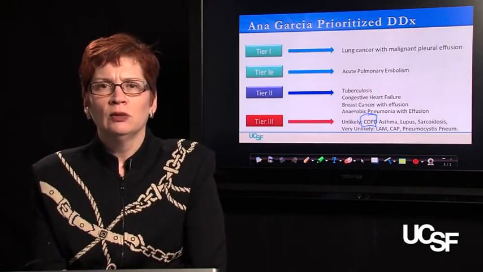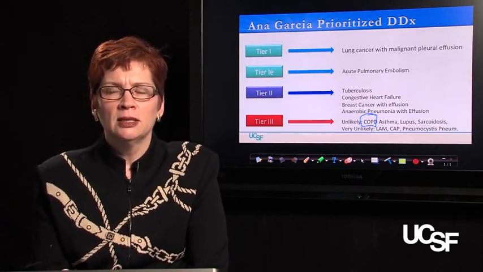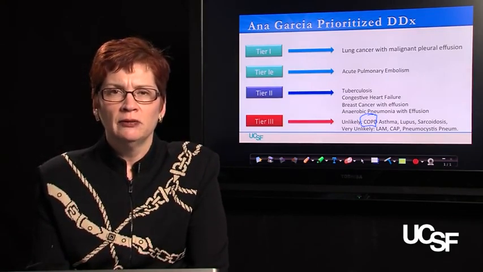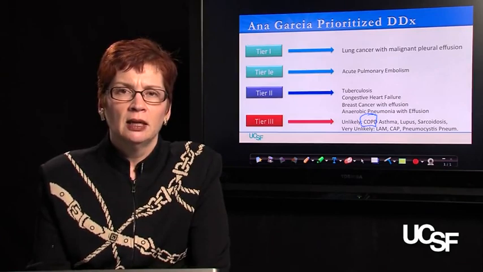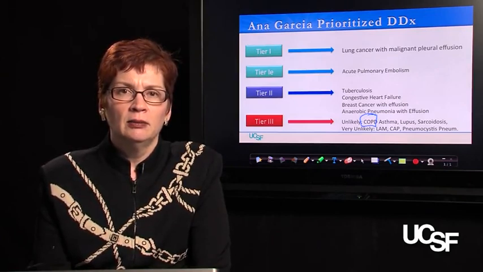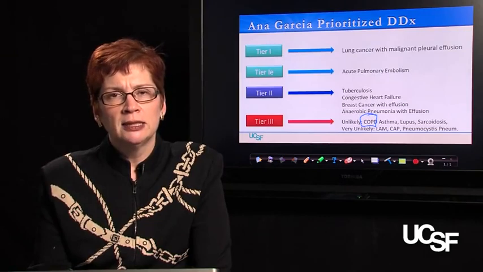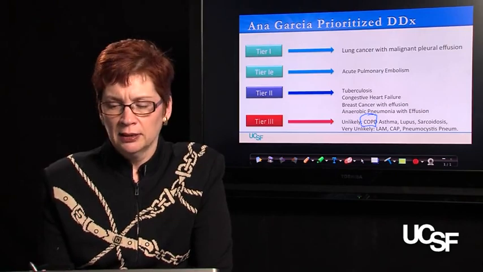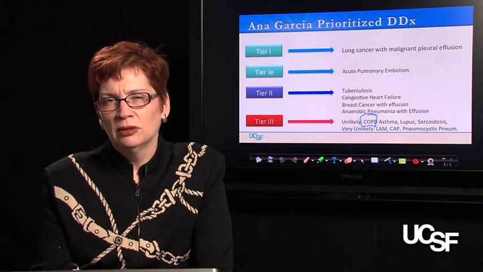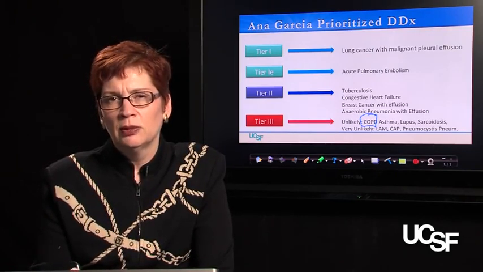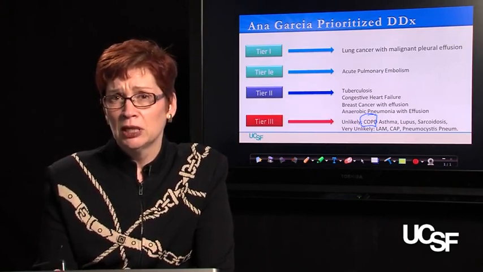So right off the bat, we can't explain Ms. Garcia's significant pleural effusion. We can't explain a pathologic node. And in general, if COPD is profound enough to cause dyspnea at rest, we would expect that she would have some hypoxia. So that's a classic sort of single symptom, shortness of breath, or double symptom, shortness of breath and smoker equals COPD.